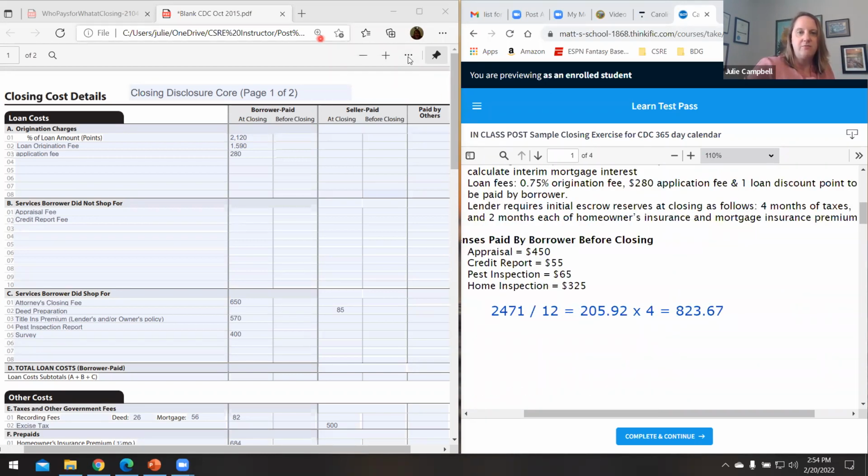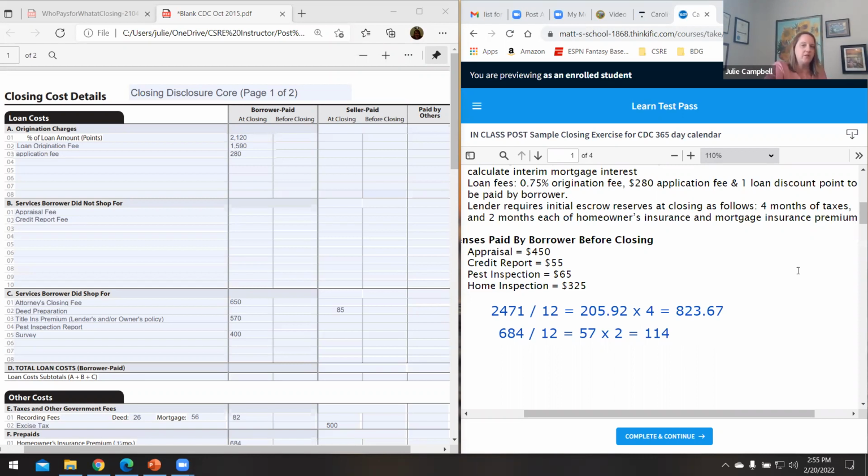So $684 is our annual. Divide by 12. Each month, insurance is $57. The problem tells us they want 2 months. So for insurance, they're going to collect $114.